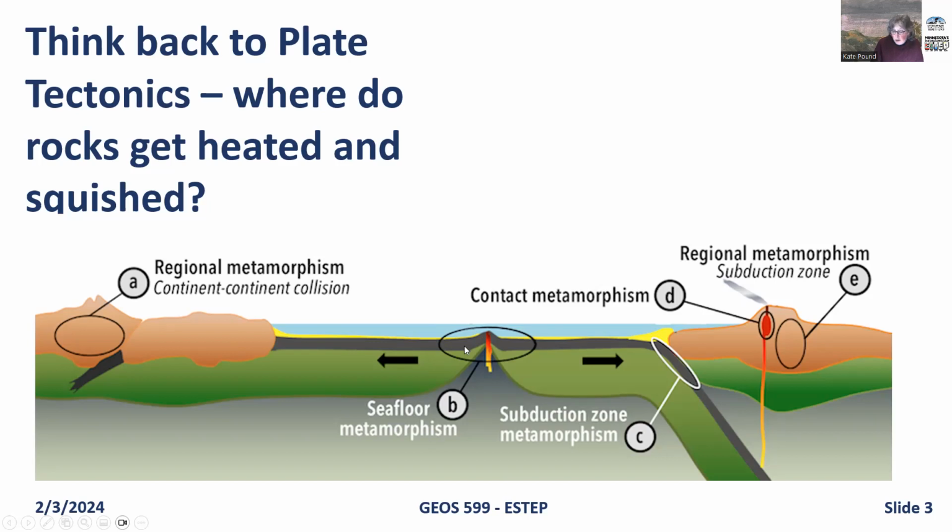So the igneous rock, the basalt or gabbro that forms here may get weakly metamorphosed. Then I'm going to move over to the right-hand side. Here we've got a plate that's being subducted. It is being pushed down or diving down beneath this piece of continent here.